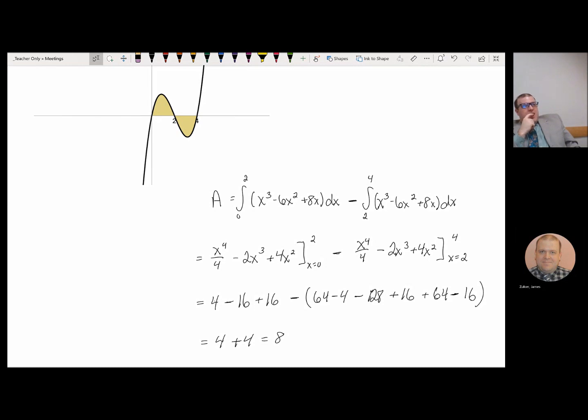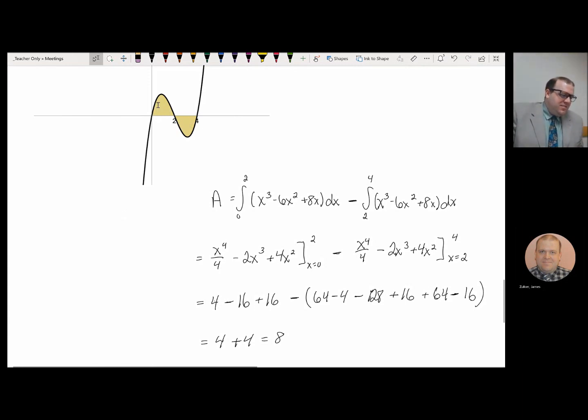This cubic is not symmetric about the origin. It just so happens that our desired region will end up being symmetric.